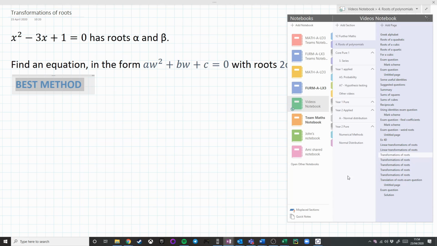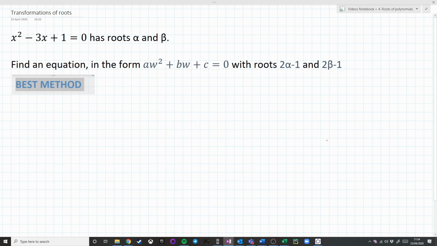So here is the best method for doing this. So the original quadratic, we know that x is equal to alpha and x is equal to beta are roots. Well, we want the new equation to have w is equal to 2 alpha minus 1 and w is equal to 2 beta minus 1 to be the roots.